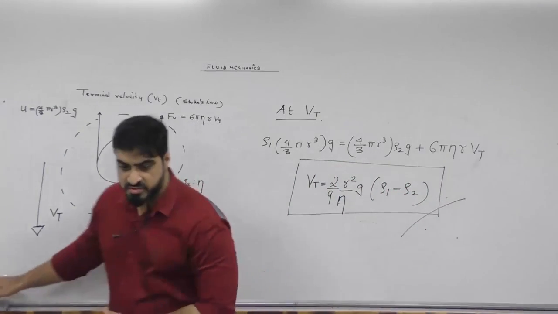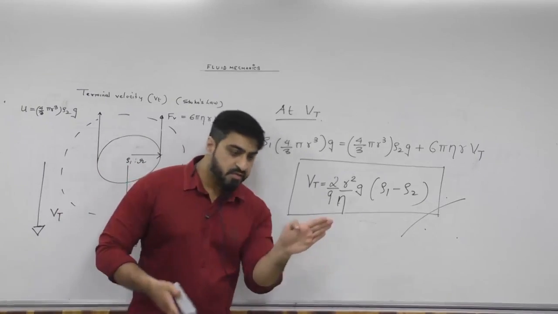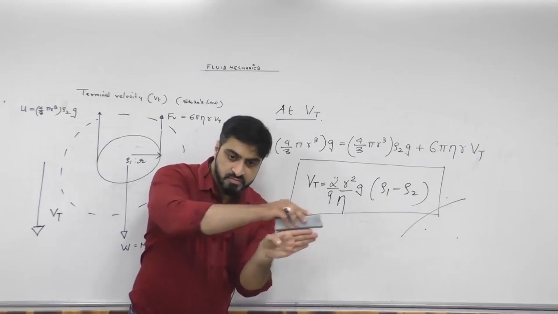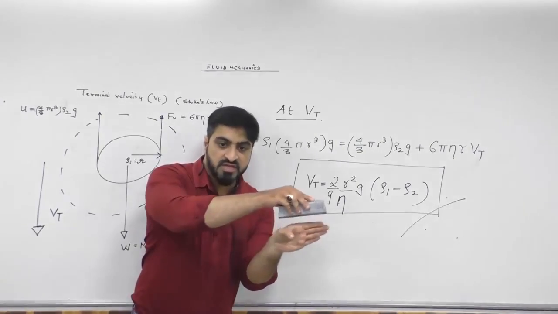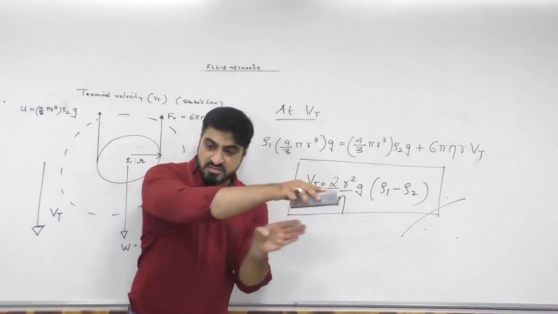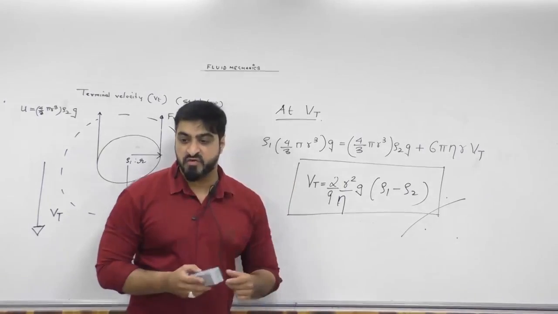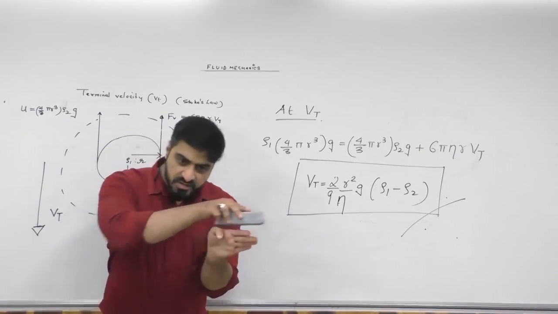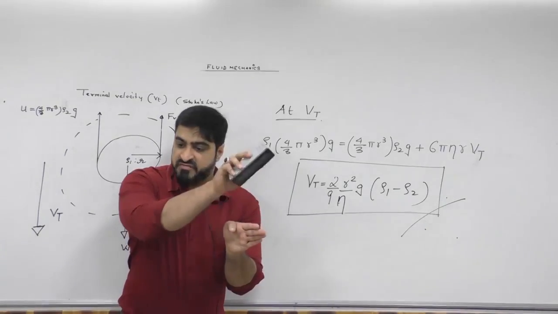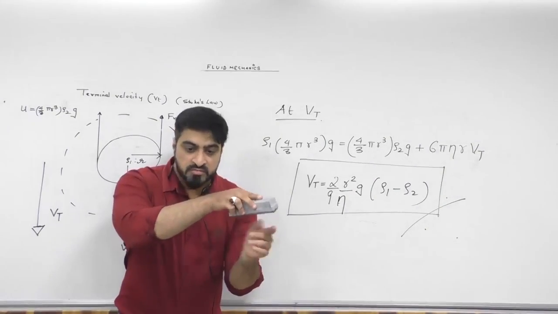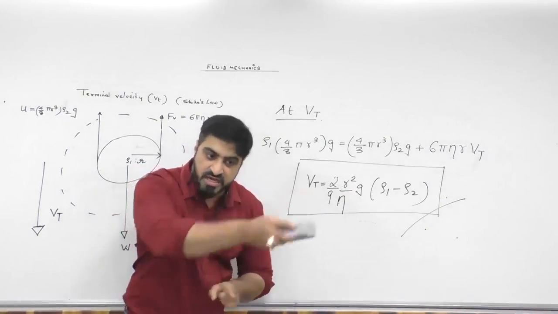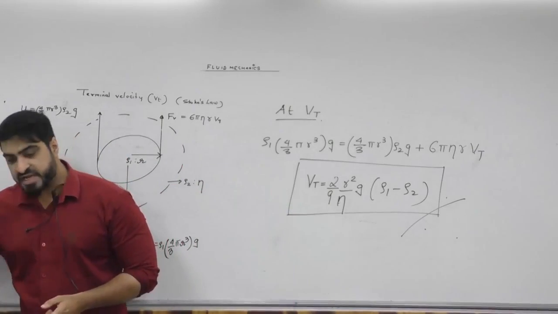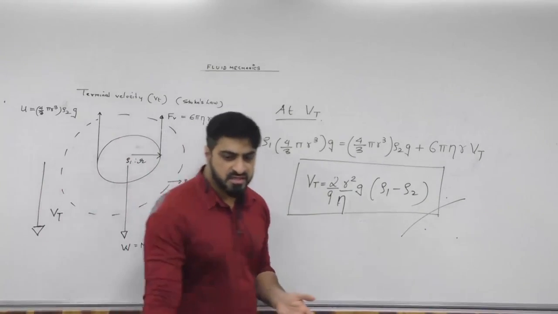Did you understand the question? भाई ये लिक्विड का फ्री सरफेस है. इसी के ऊपर हमको एक प्लेट ऐसे चलाना है with constant velocity. Where is the viscous force going to act? Backwards. What is the value of the viscous force? Eta a dv by dy. And I want to move with constant velocity. मतलब the net force on the system should become 0. Means जितना force पीछे लगाएगा उतना force आगे लगाना पड़ेगा. And what is the force which is acting backward? Eta a dv by dy. Calculate. You get the answer.